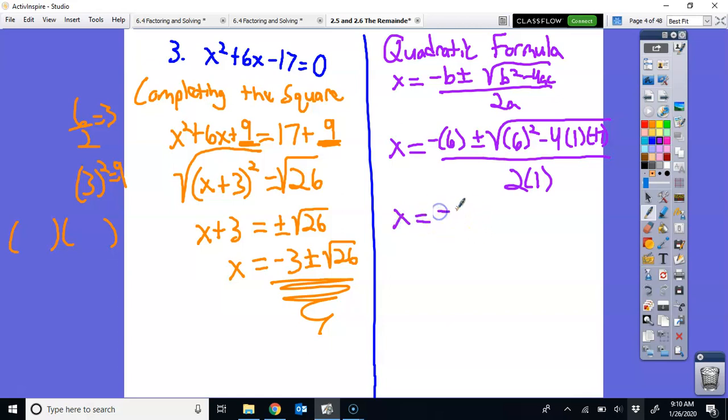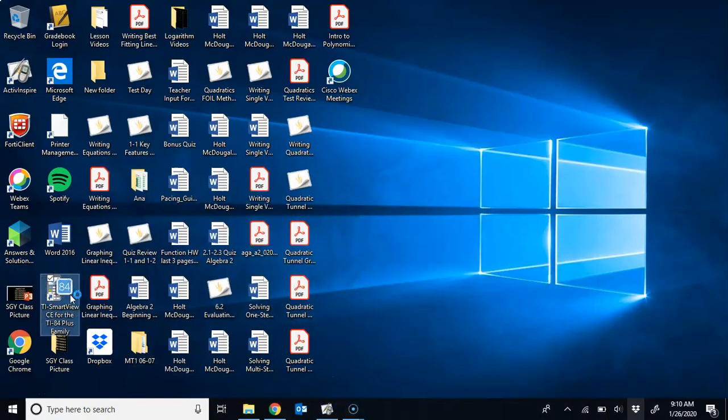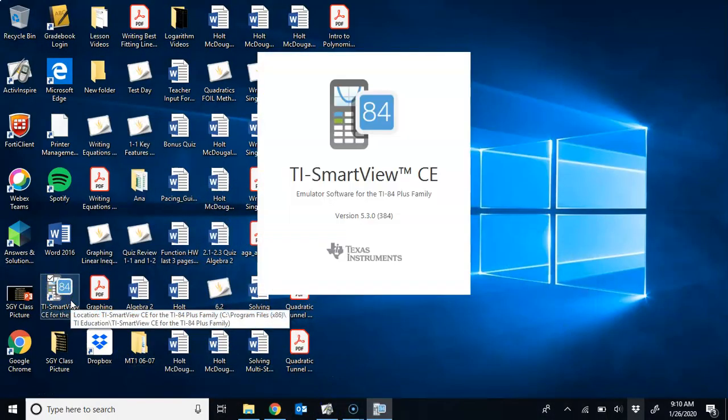Now on the outside, you should have a negative 6 here, plus or minus. On the bottom, you should have 2 times 1 is 2. And then on the inside here, you have 6 squared minus 4 times 1 times negative 17. Now, I probably should have done this before I started the video, but I'll open up a calculator real quick so you guys can see what I'm actually talking about inside the radical.